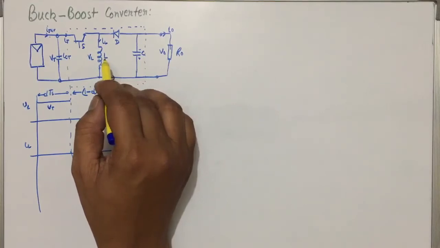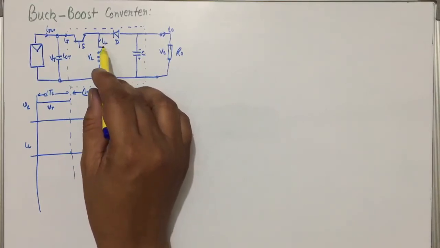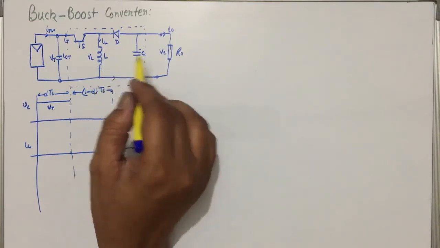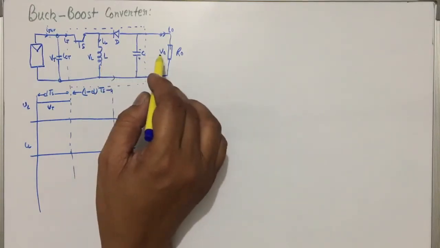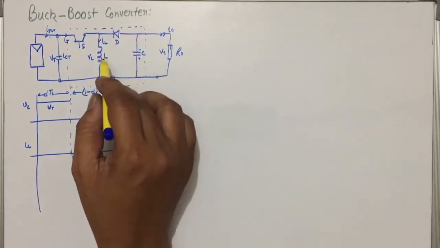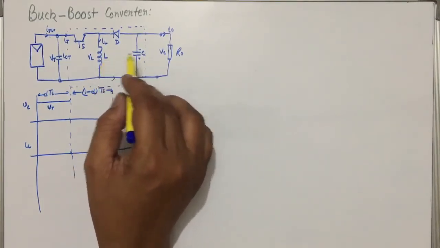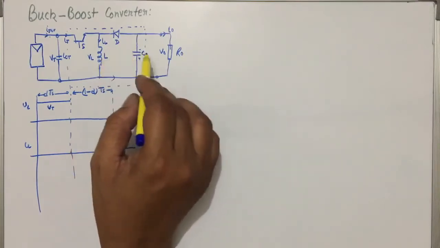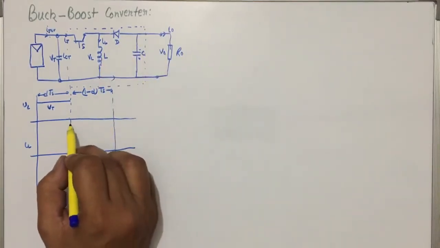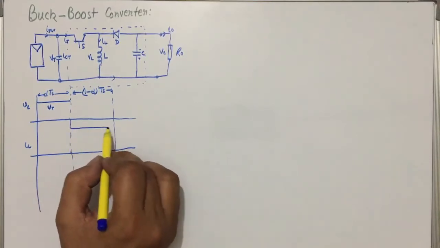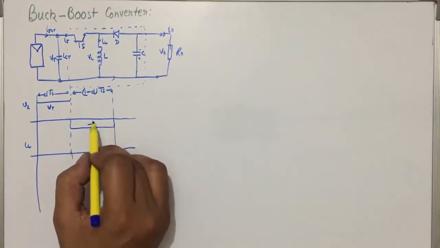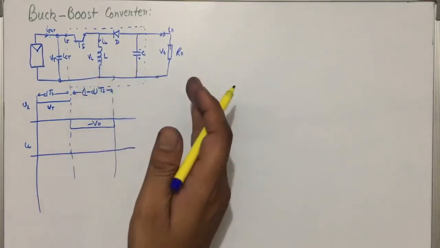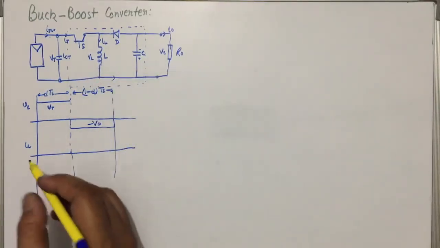So due to that, it will be negative, it will be positive, and sum of these two will be 0. And from here VL plus V0 will be 0 according to KVL. VL will be minus V0. So in this case it will be minus V0. Okay, and after that the cycle, charging and discharging cycle, will repeat.